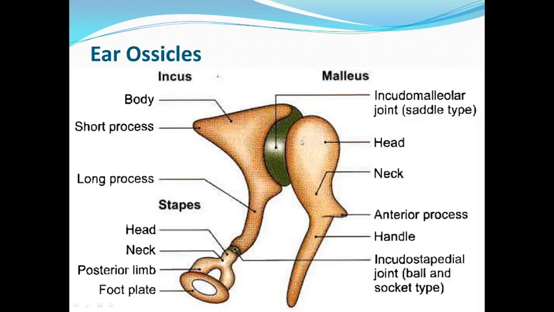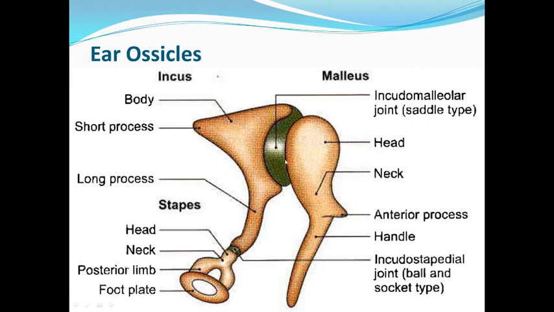You can see this is the rounded head which is lying in the epitympanic recess. In my first video lecture, I told you about the two parts of the tympanic cavity, that is the tympanic cavity proper and the epitympanic recess.